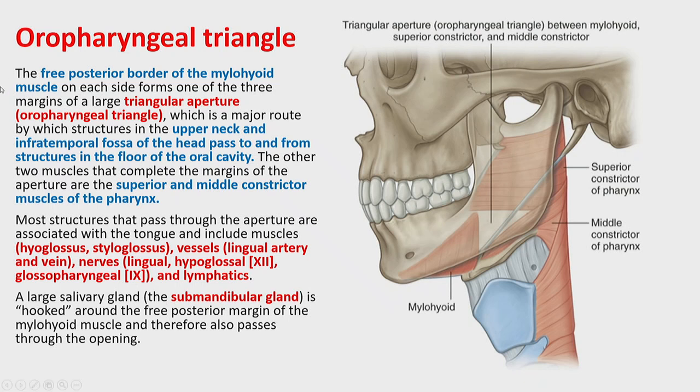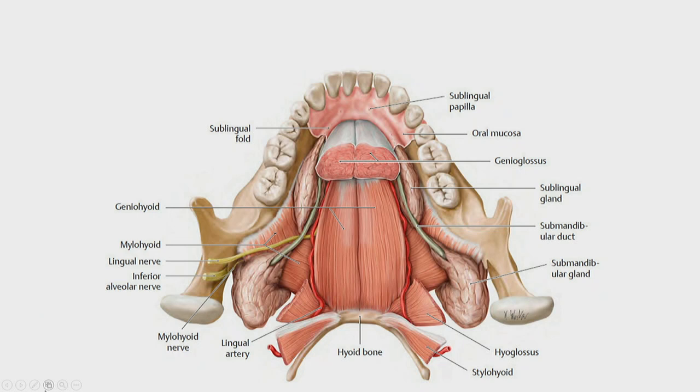And through this triangle pass two muscles that we already said, hyoglossus, styloglossus, the vessels, the lingual artery and vein, the nerves, lingual, hypoglossal, glossopharyngeal, and lymphatic vessels. So those are important. And through the posterior margin, the free margin of the mylohyoid, passes this hooked or anterior process of the submandibular gland, which is very nice.